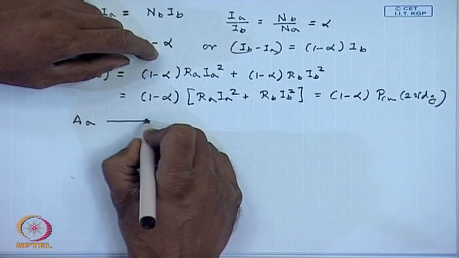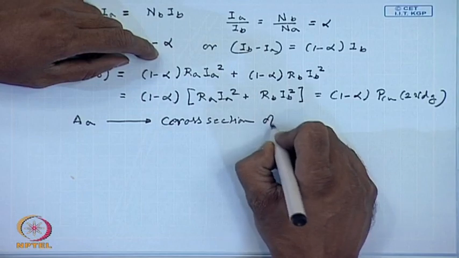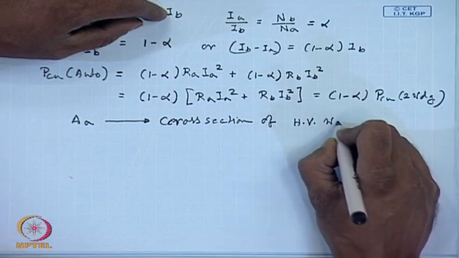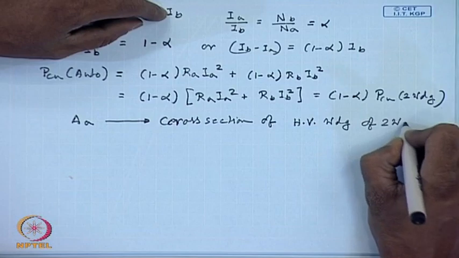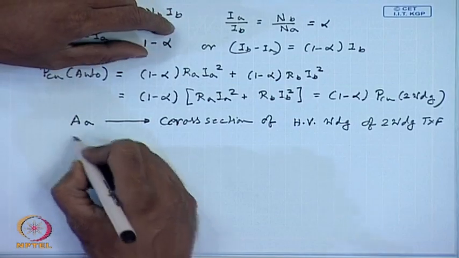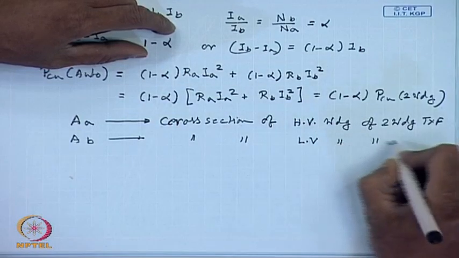Not only that, we will find that the autotransformer will also use lower copper volume. For that, let us define A A to be the cross section of the HV winding of the two winding transformer, and A B the cross section of LV winding of the two winding transformer.